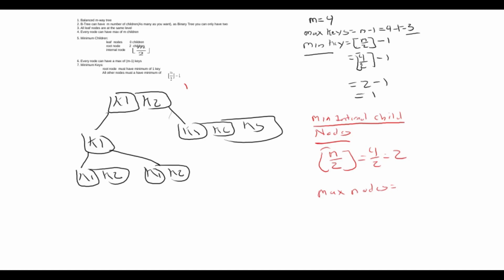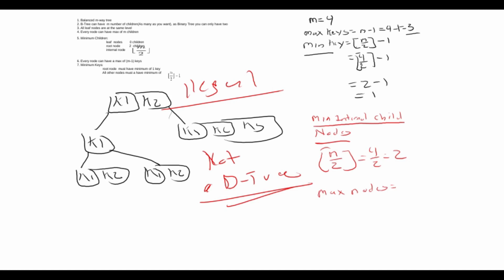Is this legal? I'll give you a second there. No, this is illegal. This is not a B tree. It's illegal because the leaf nodes are not at the same level, so therefore it is not a B tree. Let me just write that down. Not a B tree.